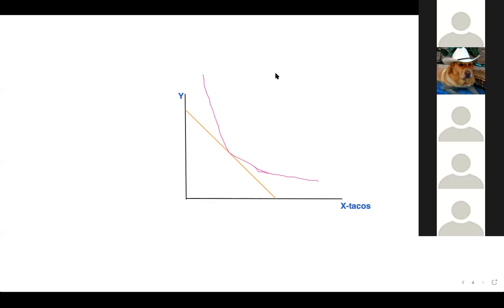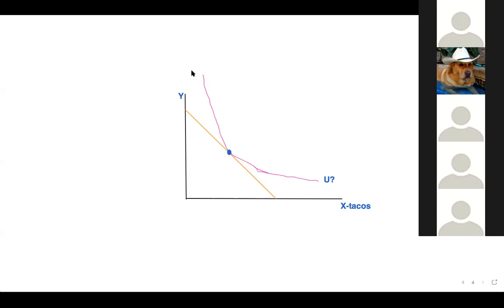And this point of tangency between the budget line and a particular indifference curve. See, the issue is that we don't know, and I'll put this as a question mark, what indifference curve this is yet. And that's the reason why we can't just go ahead and draw the picture and be done.